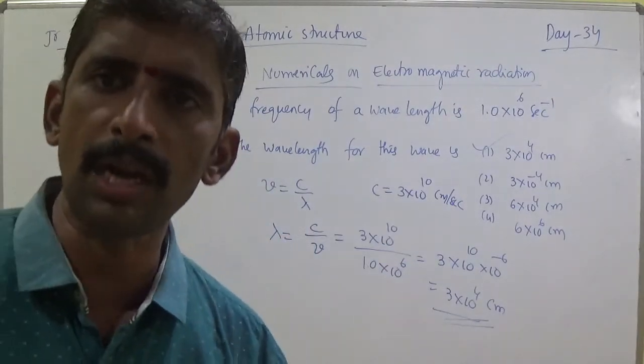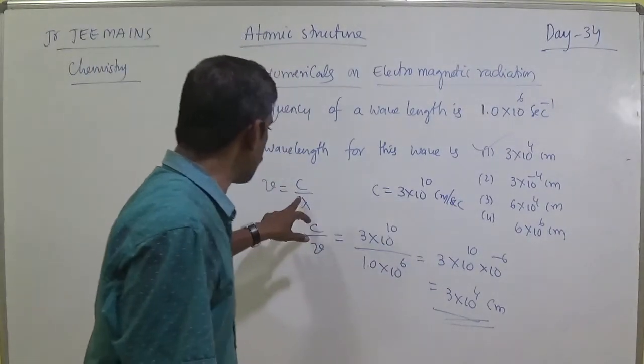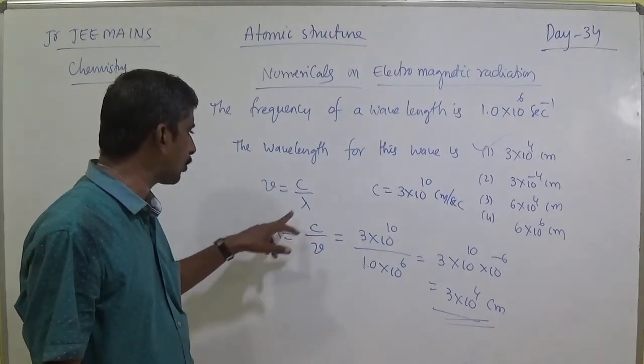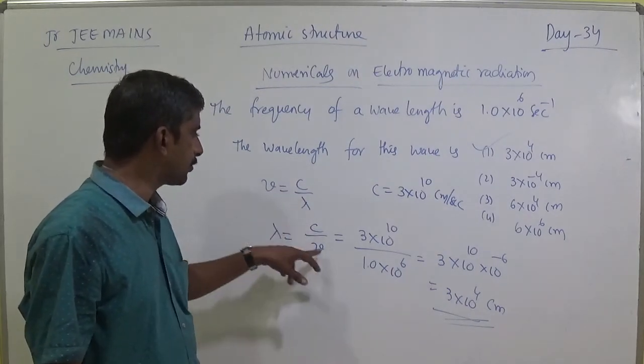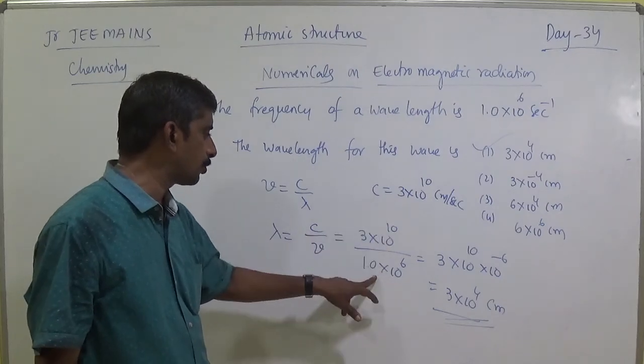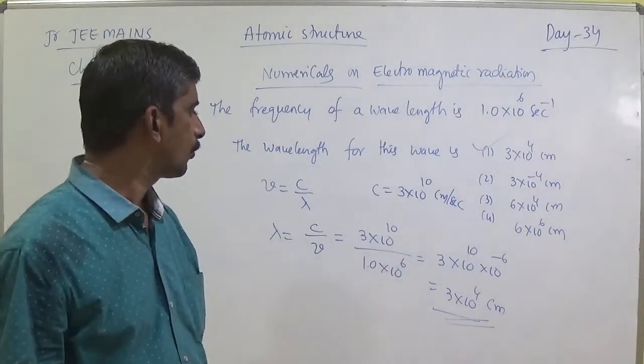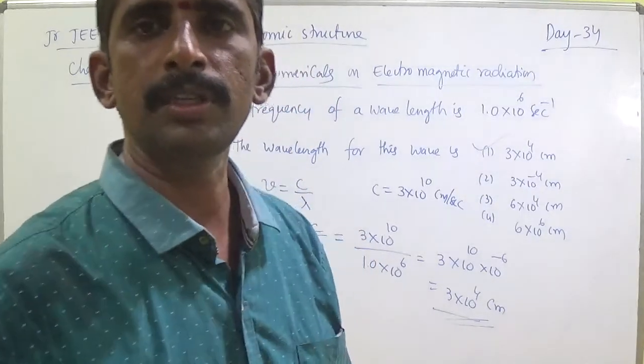Formula: mu equal to c by lambda. They gave the mu value. How can we calculate lambda? Lambda equal to c by mu. That means 3 into 10 to the power 10 by 1 into 10 to the power 6. So the answer is 3 into 10 to the power 4. So that is a problem.